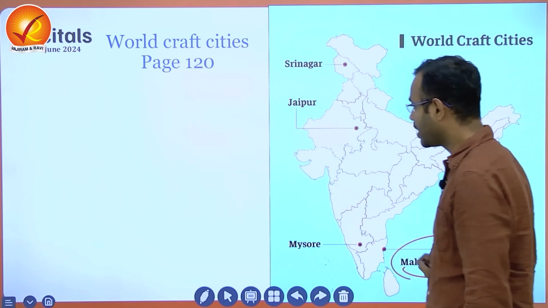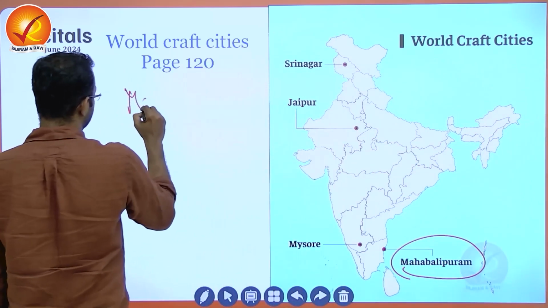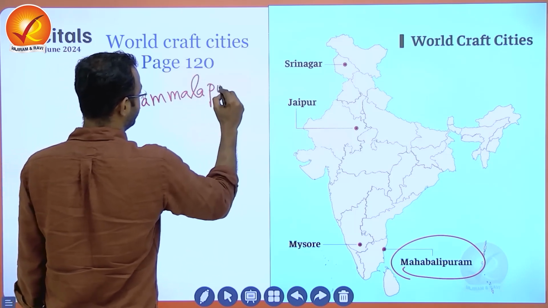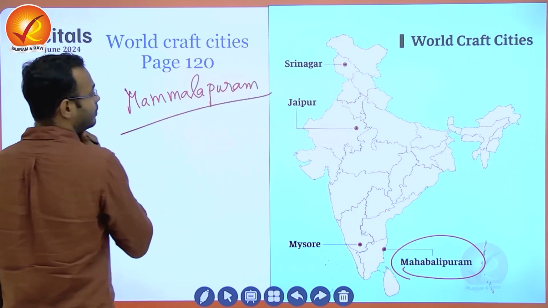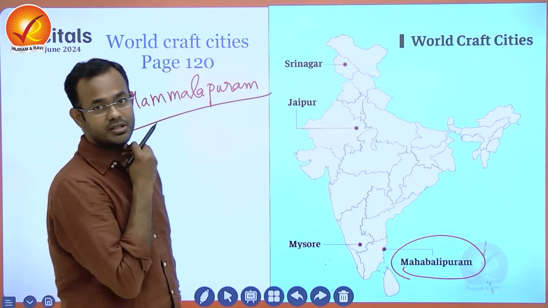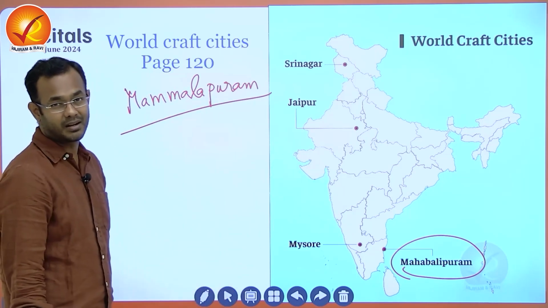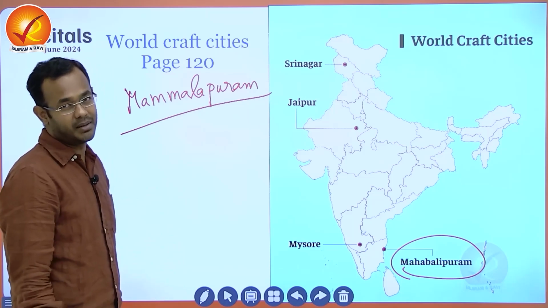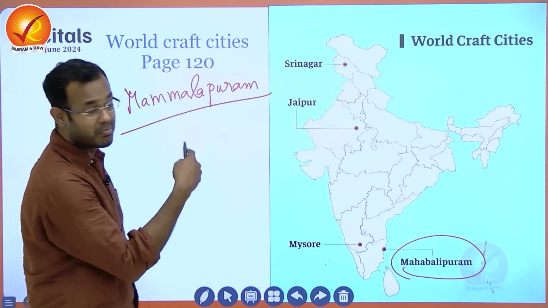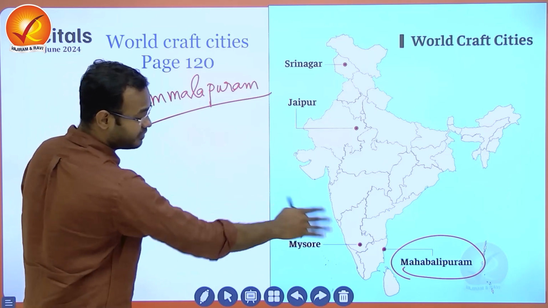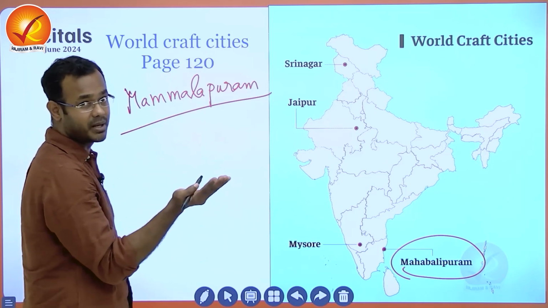Moving on to Mahabalipuram. The place Mahabalipuram is also called Mamallapuram. In most of your history texts, you will see the word Mamallapuram, whereas the place is now currently called Mahabalipuram. Do not confuse Mamallapuram with Malappuram of Kerala. These are two different places.